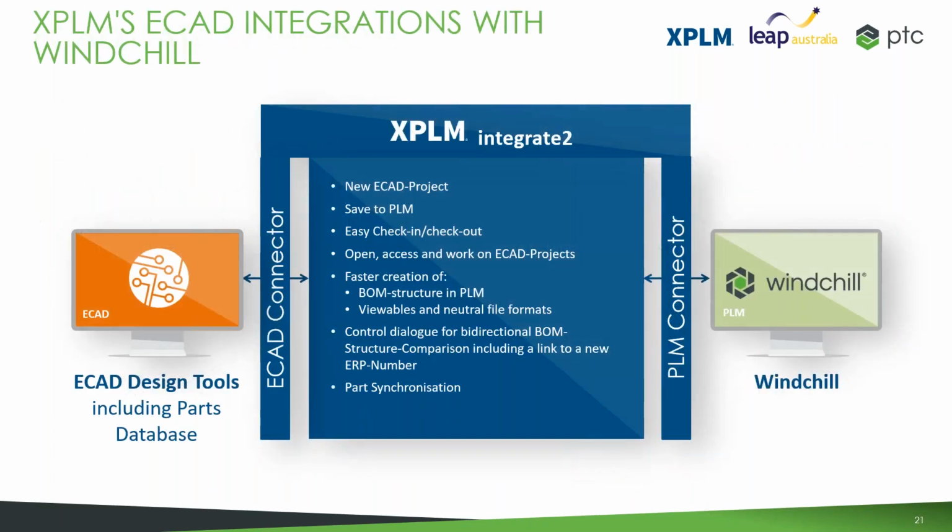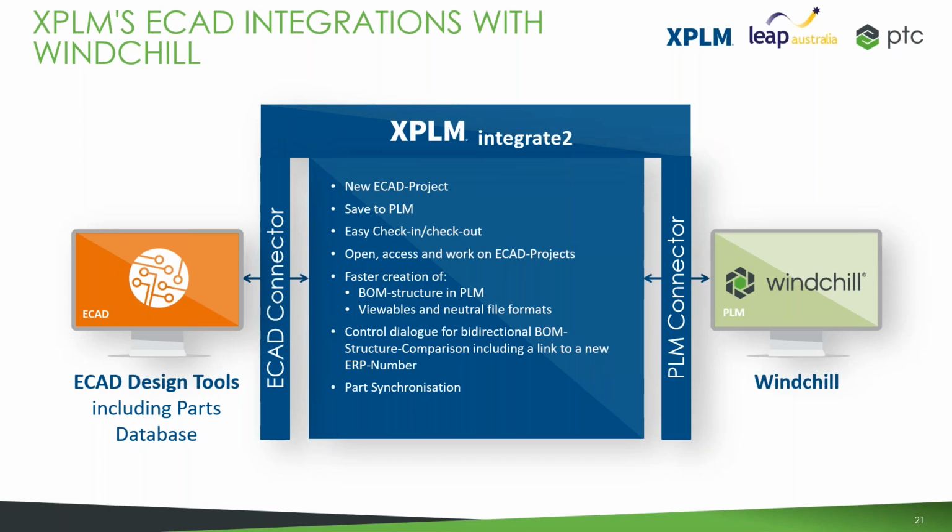And this is where XPLM's integration comes in. The idea is that if you're working with your ECAD design tools and you want to put that into Windchill to build that structure and work with all those libraries, that's where the XPLM Integrate 2 solution comes in. Okay, so the ability to start new ECAD products and save them into PLM. Once they've been saved, then check in and check out.